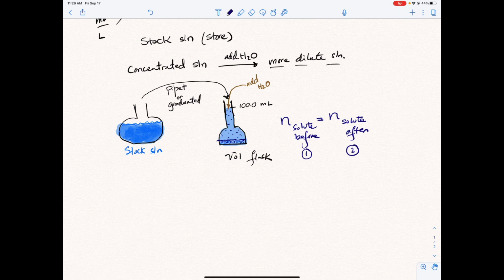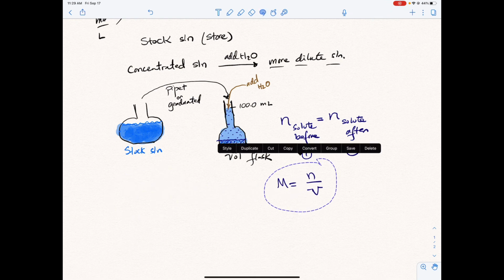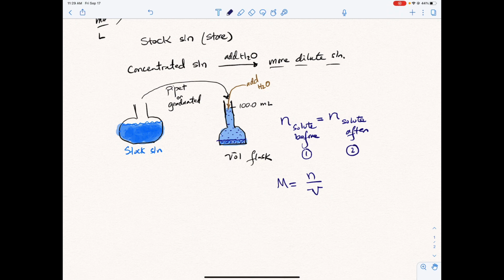So if I solve my molarity equation, which is number of moles over volume, for before and after, I'm going to transfer it here so that my before and after are in the same location. So molarity is going to be different after. So this would be M1, V1, M2, V2.